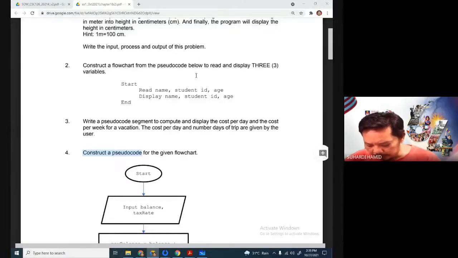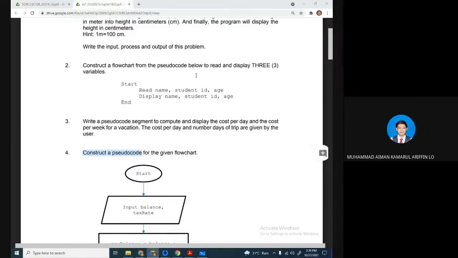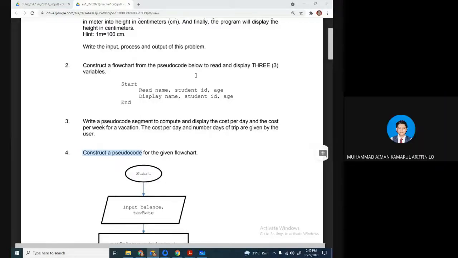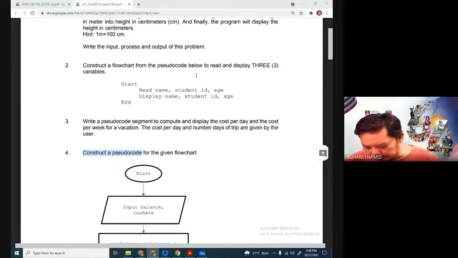So, Laila has constructed the flowchart. Any question? No. So everyone agrees on this answer? Except the symbol. The process symbol is supposed to be input symbol. Correct. Should be, what is it called?